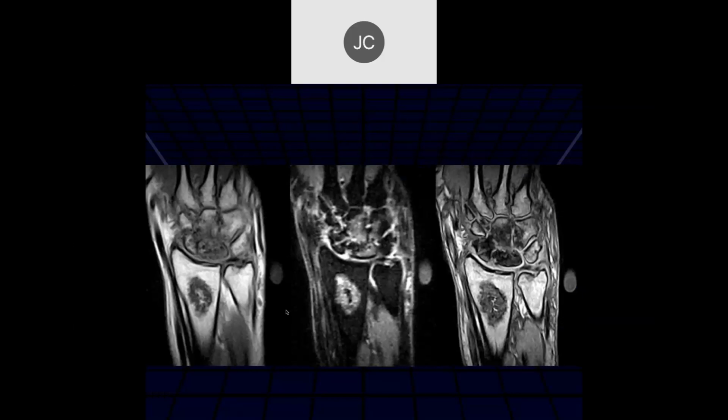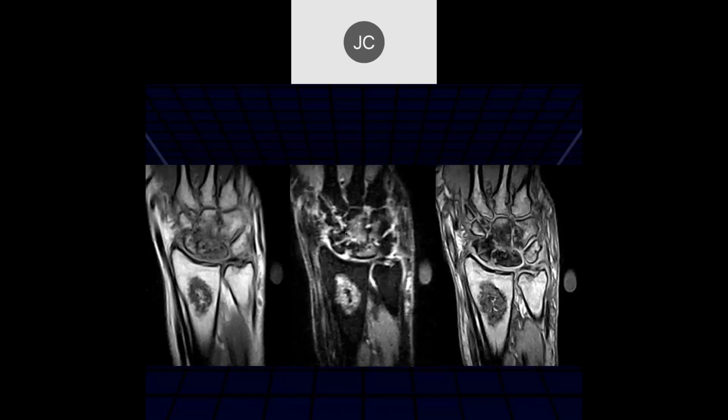All right, so our T1 image on the left. This is a low field. This is a T1 gradient echo, a STIR, and then another position with a T1 gradient echo. It looks like the lunate has lost a lot of its normal fat signal.